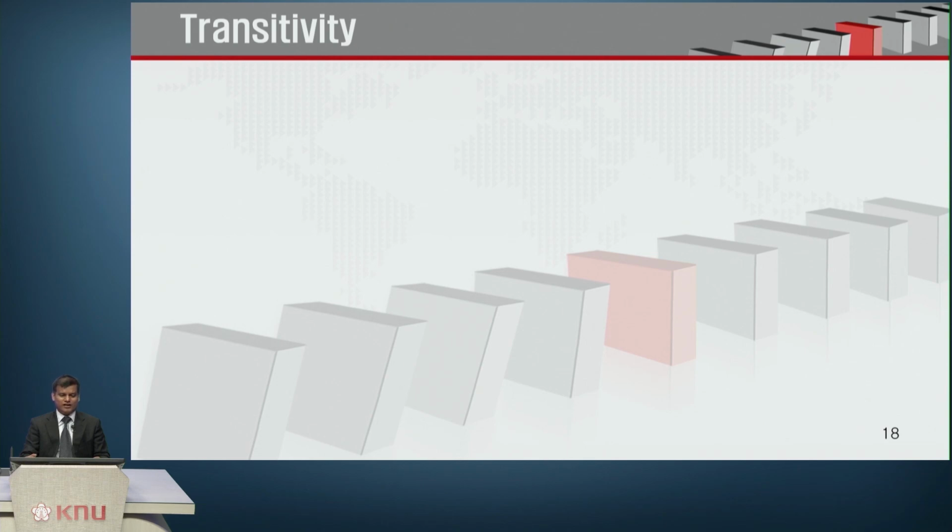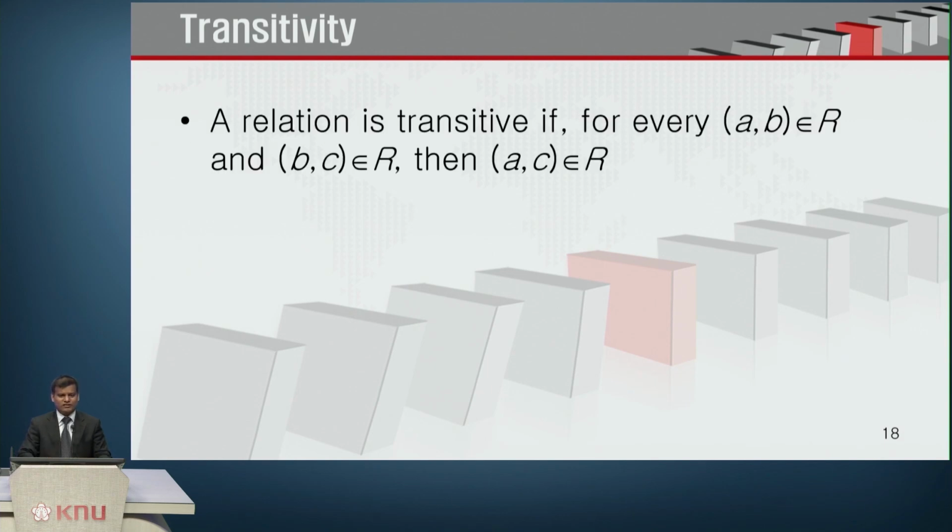If you recall, when A is equal to B and B is equal to C, then A is equal to C. This is a similar property of transitivity. So let's talk about it. A relation is transitive if for every A comma B that is an element of R and B comma C that is an element of R, then A comma C is an element of R. That's the idea behind transitivity.